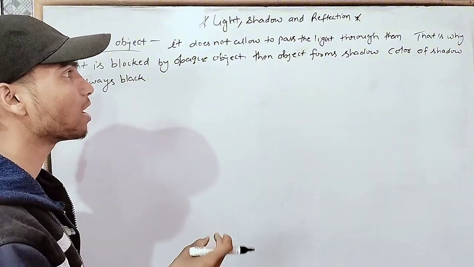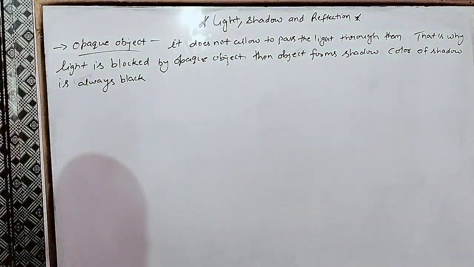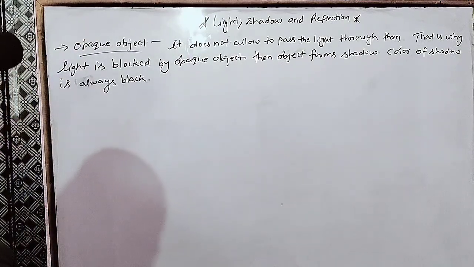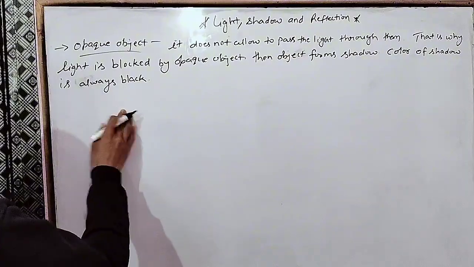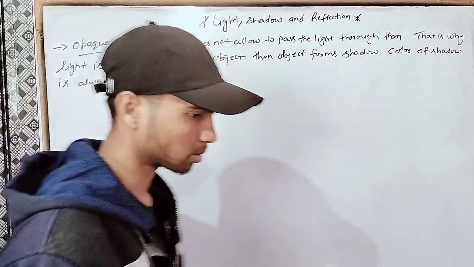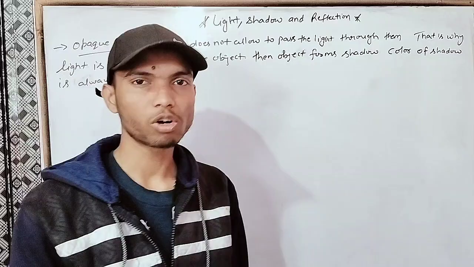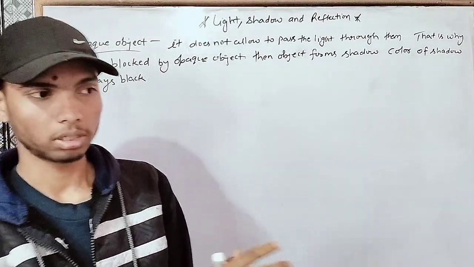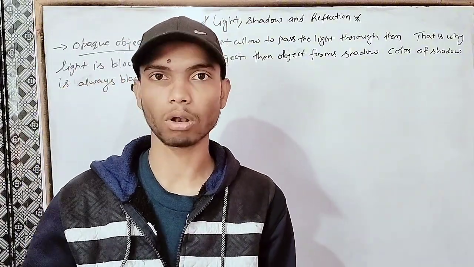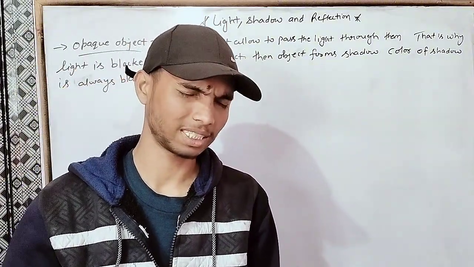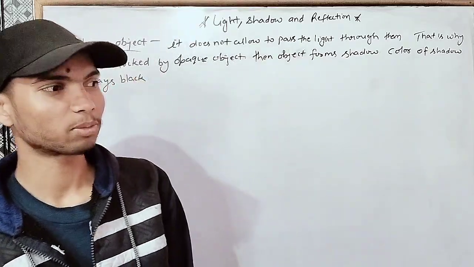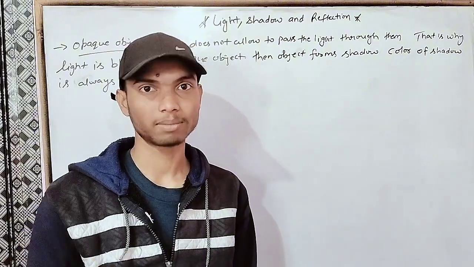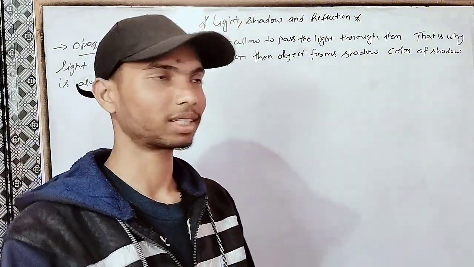Explanation of a shadow we will explain separately. Till here, are you clear? Yeah. Opaque objects are not rare. We see a lot of examples of this word. Here we can see this wall of a house is an opaque object. It is an example of an opaque object. This board and this marker are examples of opaque objects.